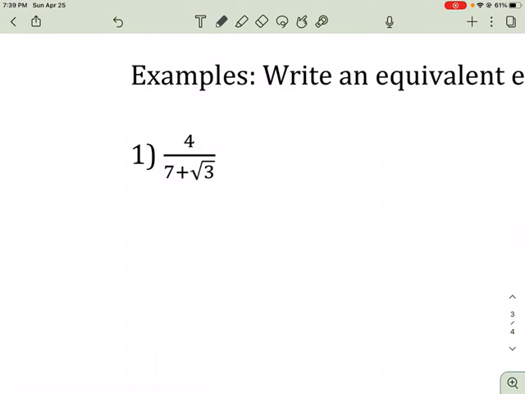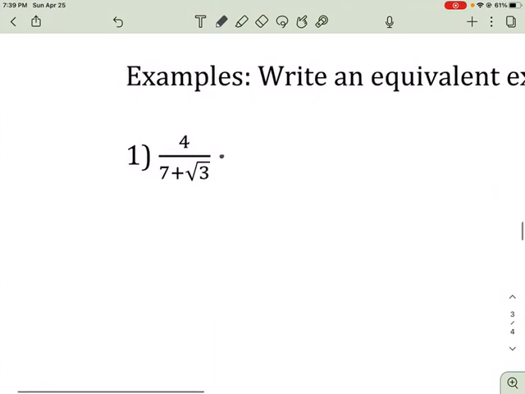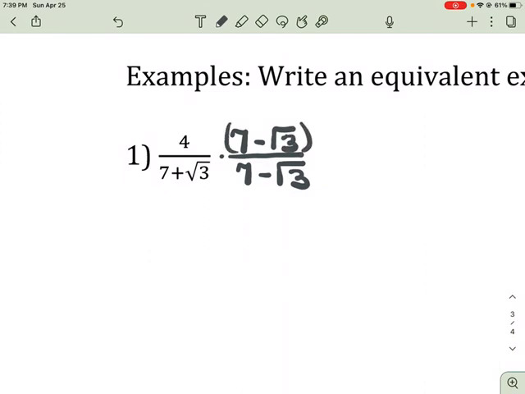Okay, so let's try this. All right, so we're going to look at our denominator and we see 7 plus the square root of 3. We're going to multiply by the conjugate, which means I'm going to multiply the numerator and denominator by exactly the same thing. So I'm going to go 7, the sign is plus, so I'm going to make it minus square root of 3. Same with the numerator, 7 minus the square root of 3. If it helps, put parentheses around all of this.